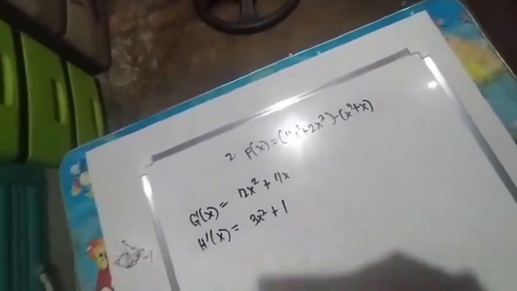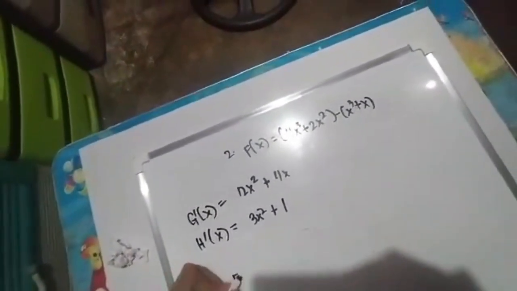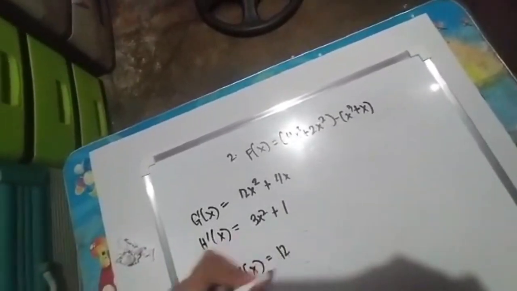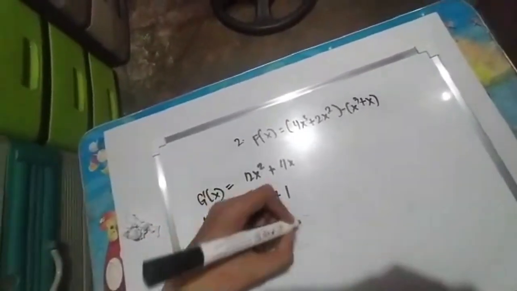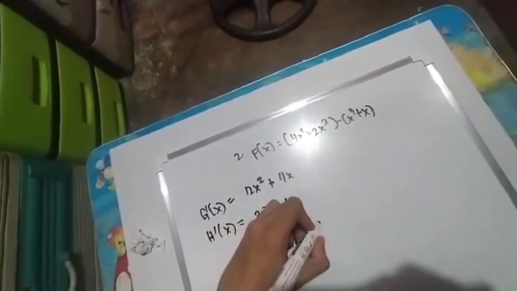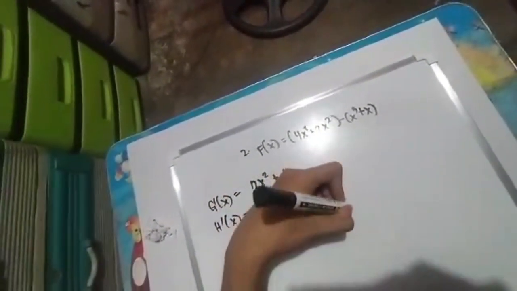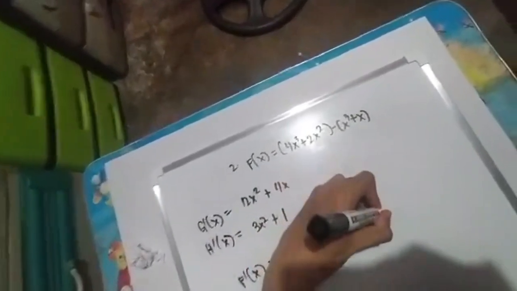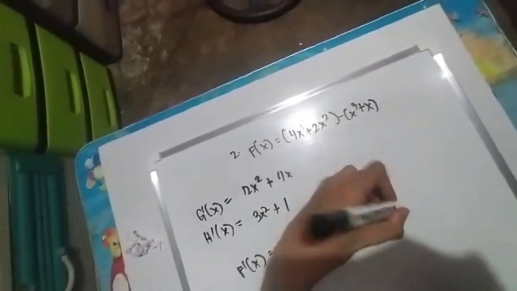Next, solve na natin siya. Sulat muna natin. F prime of x equals 12x squared plus 4x minus 3x cubed plus 1.